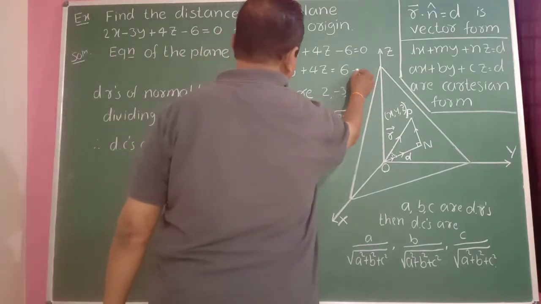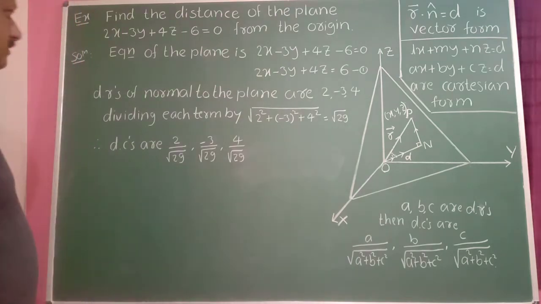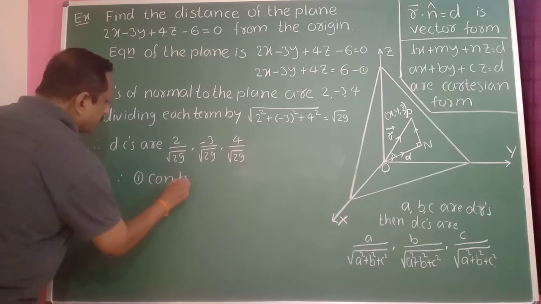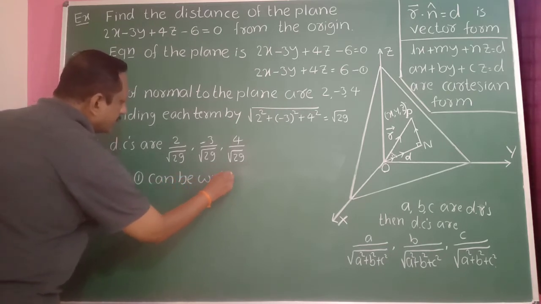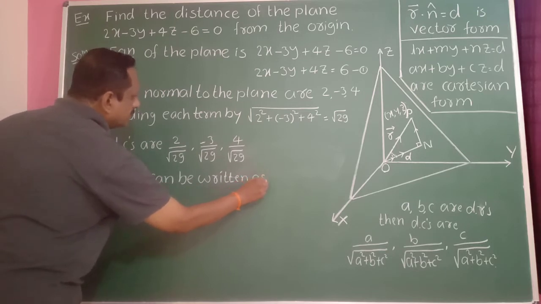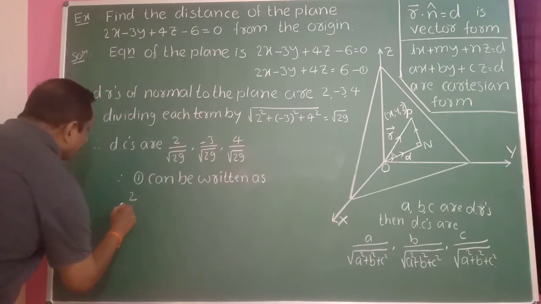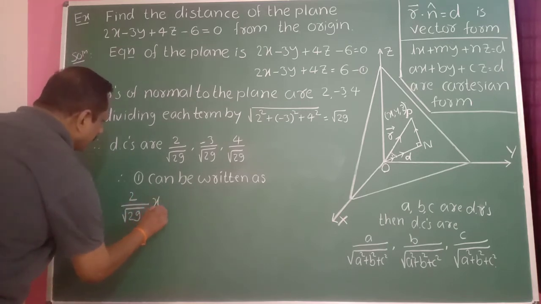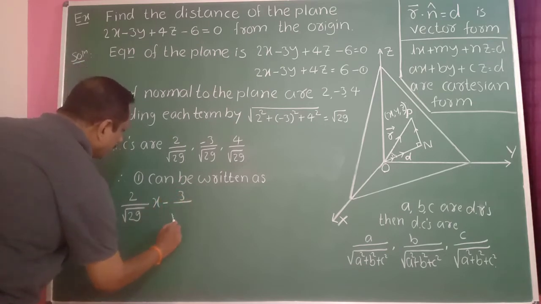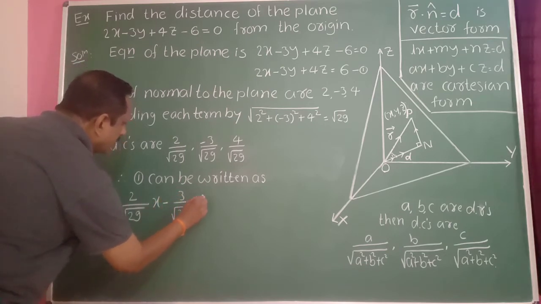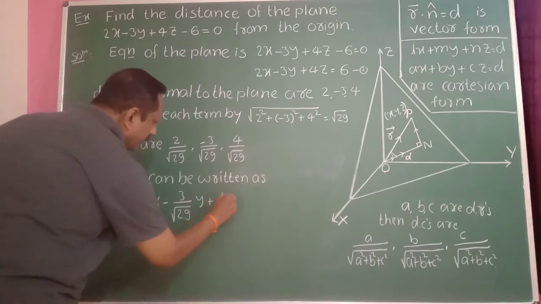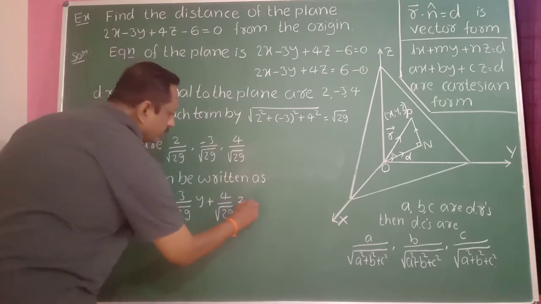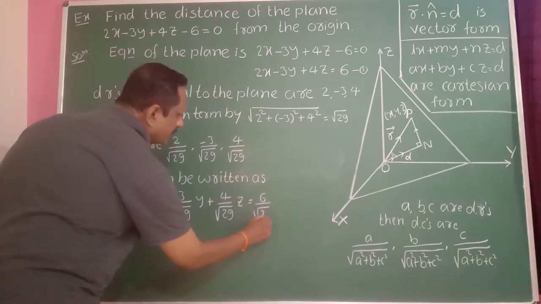I take this as equation number 1. Therefore, equation 1 can be written as 2 divided by root of 29 into x, minus 3 divided by root of 29 y, plus 4 divided by root of 29 z, equal to 6 divided by root of 29.